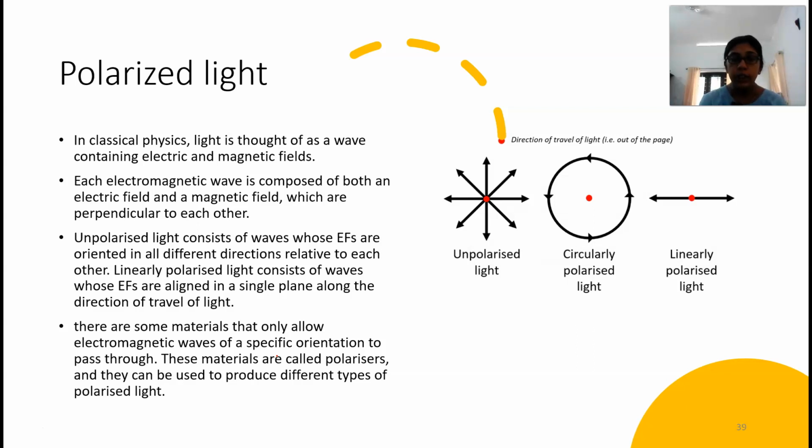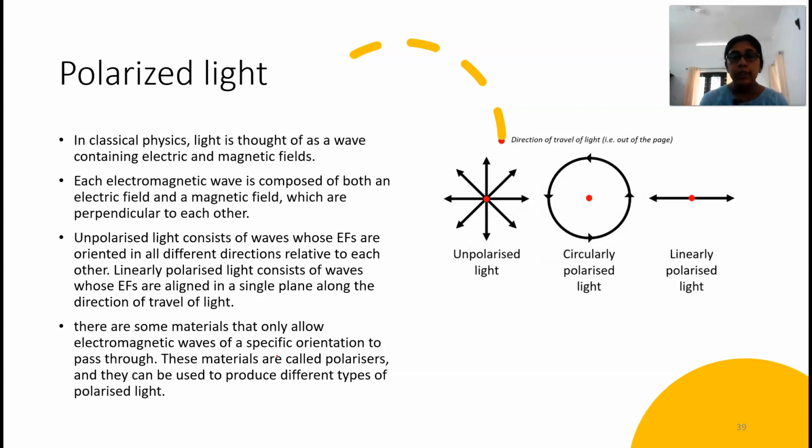For any electromagnetic wave you will have electric and magnetic components associated with that wave, and these components will be perpendicular to the direction of motion of the wave, and the electric component will be vibrating in all directions perpendicular to the direction of motion of the wave.